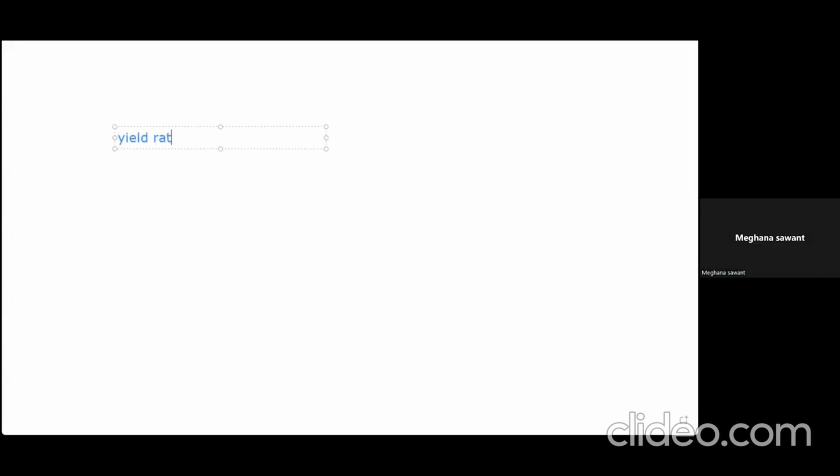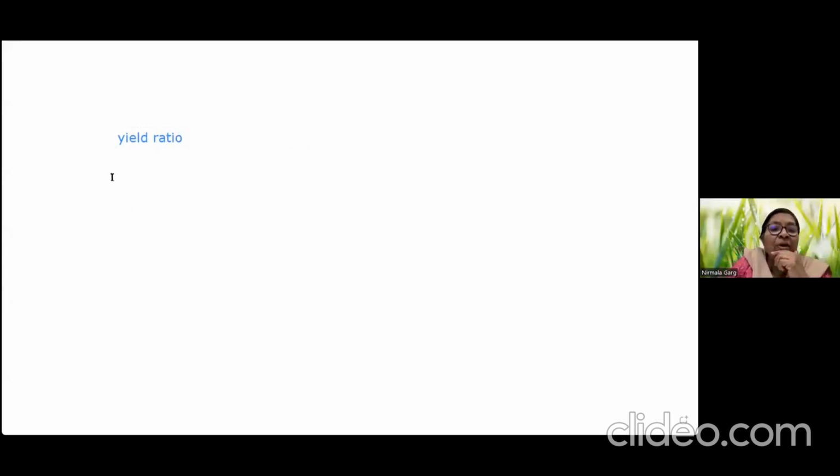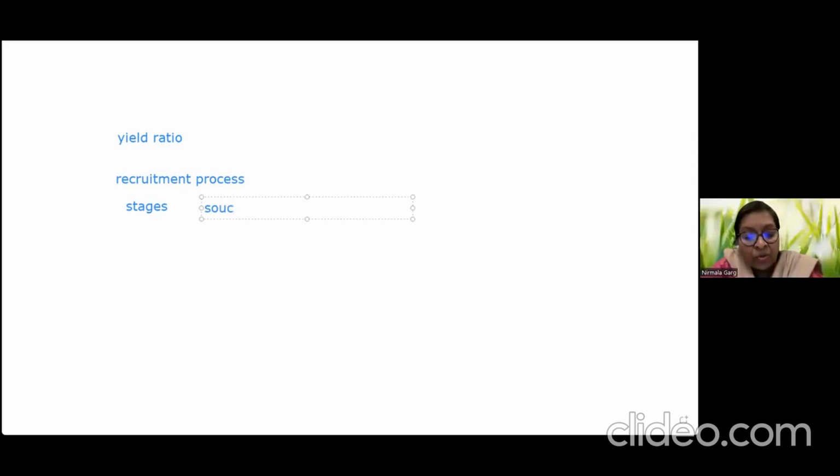Yield ratio. When I say yield ratio, you have to look at the entire process. In this process, you have to look at the various stages. Can you tell me what the stages are?